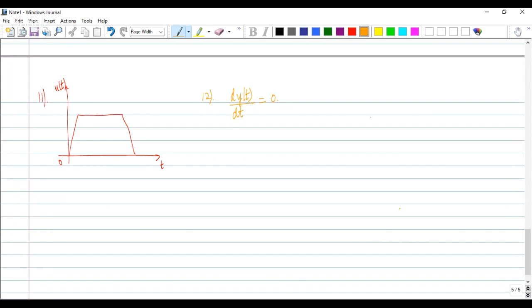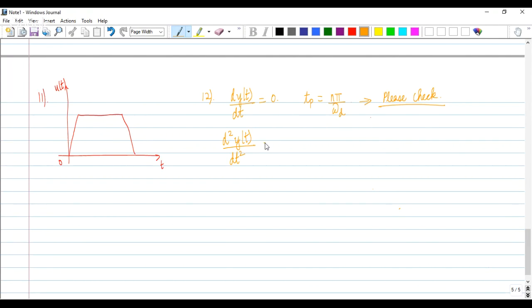If I recall correctly, the peak time will also come as n pi by omega d, in general. Please check, I'm just recalling from memory. So you will see that it basically comes as n pi by omega d. Then you take the second derivative.